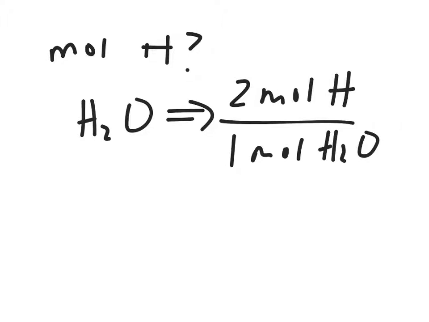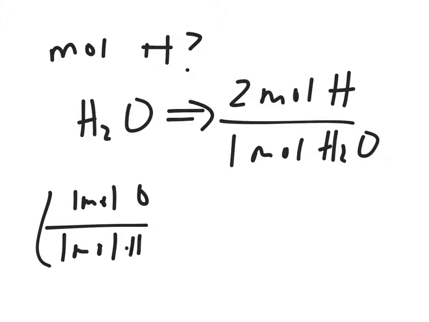So instead of having 1 mole of oxygen for every 1 mole of water, you would instead be using this mole ratio, and then you would have been able to figure out moles of hydrogen.